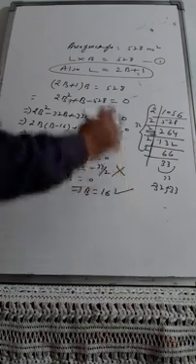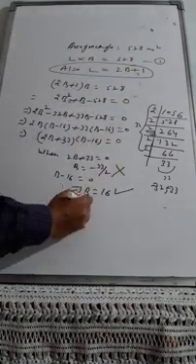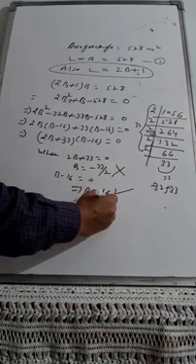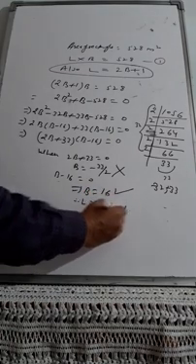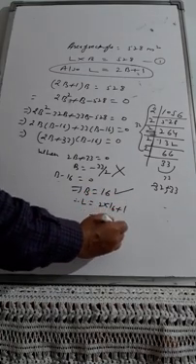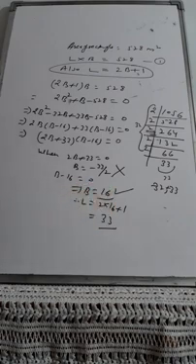So your breadth will be 16, and the length is 2 into 16 plus 1, that is 33. Then you can check: if you multiply, you will get the area equal to 528.